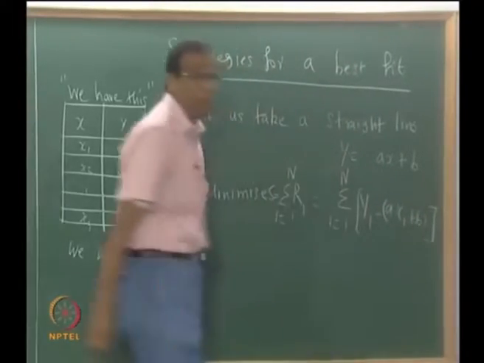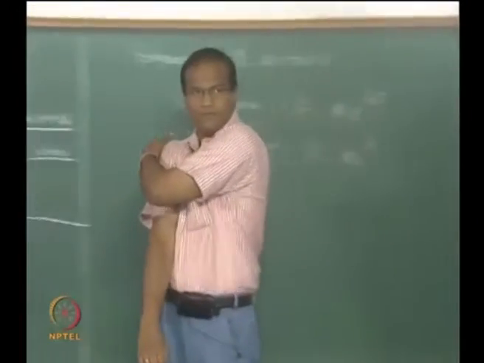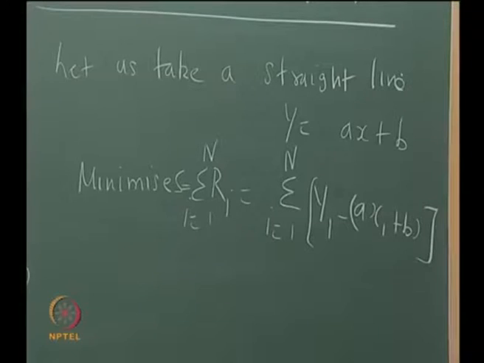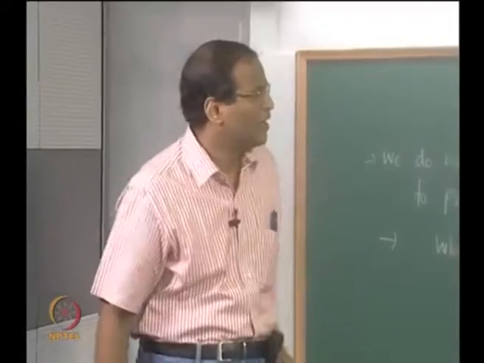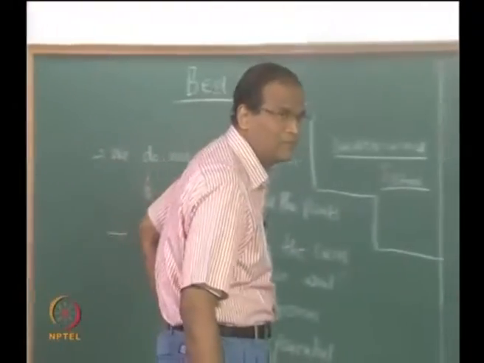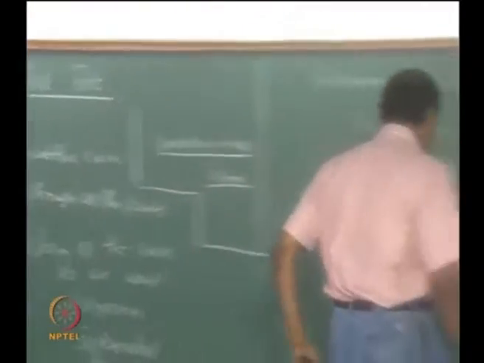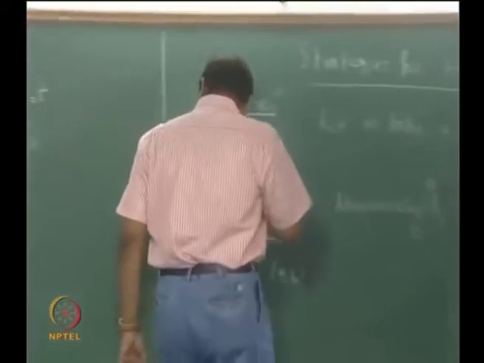Is that okay? I am not saying whether it is right or wrong. Many people will try to come up with the simplest possibility, right? Try to minimize the residue. So what is the problem with this?